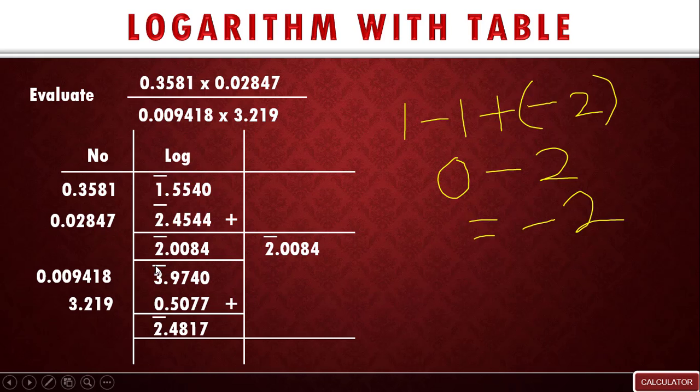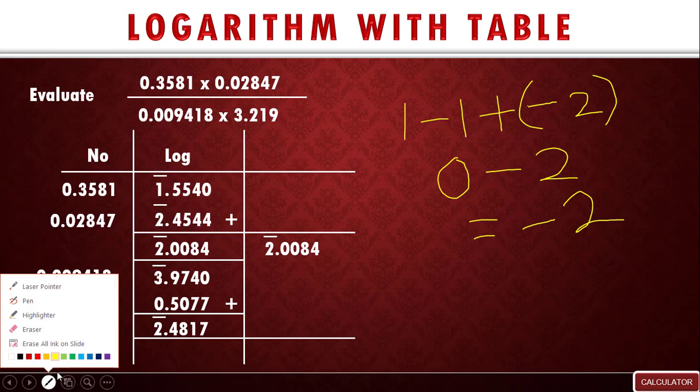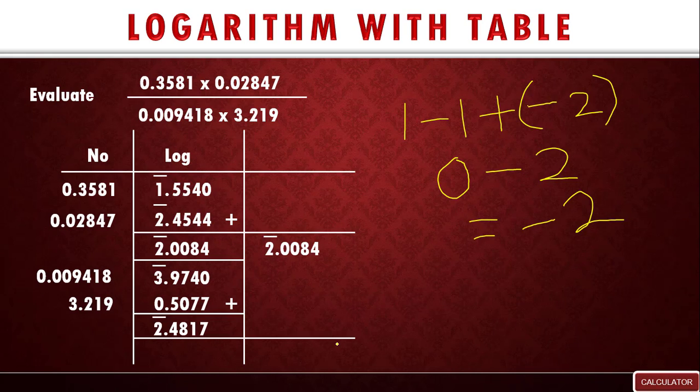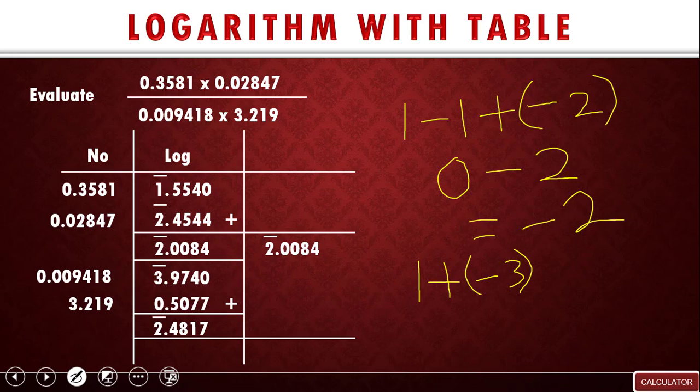plus minus 3. So let's try to do that. I told you that bar 3 means minus 3. So minus 3, you need to bracket it because of the minus. Then we now have 0 right here plus 0. So the first thing we do is to open this bracket.